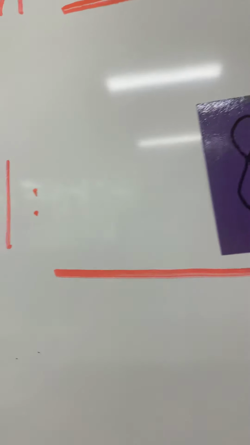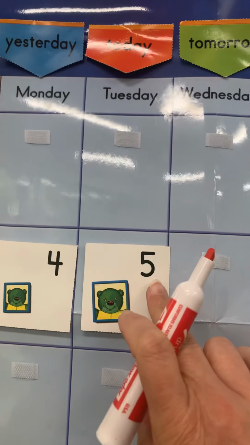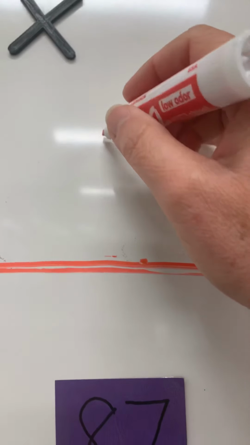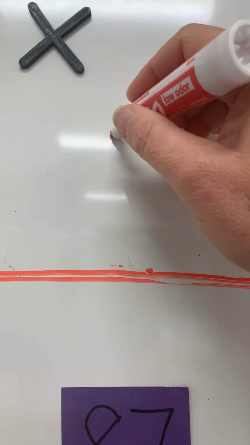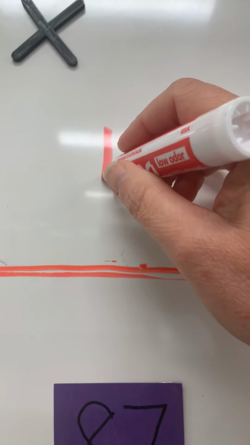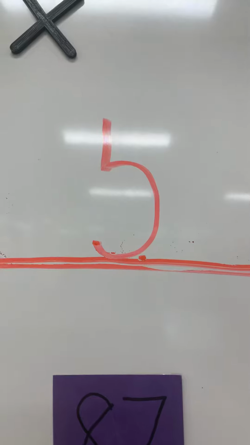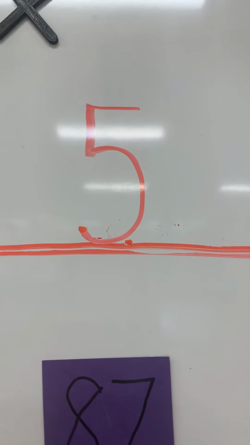Good job. Okay, the other number that we want to practice while we have our pencils out is our number of the day, which is 5. So we're going to tell me how to write the 5. Short pull down, forward circle, stop, back to the top, slide right.